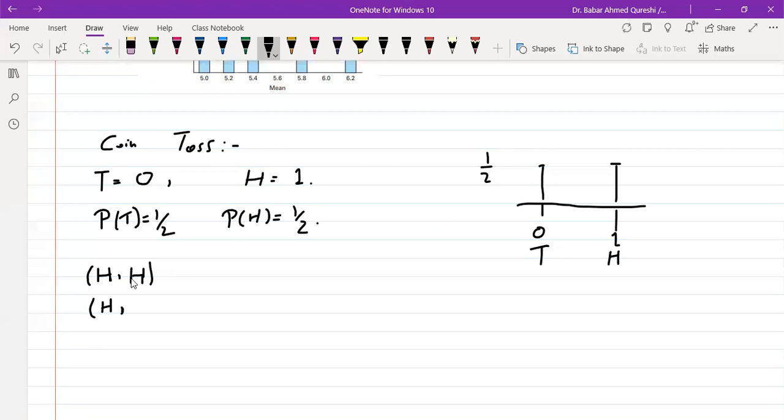So you have head, and you can have head. The first could be head, the second could be tail, or your first could be tail and second could be head, or you could have tail, tail.